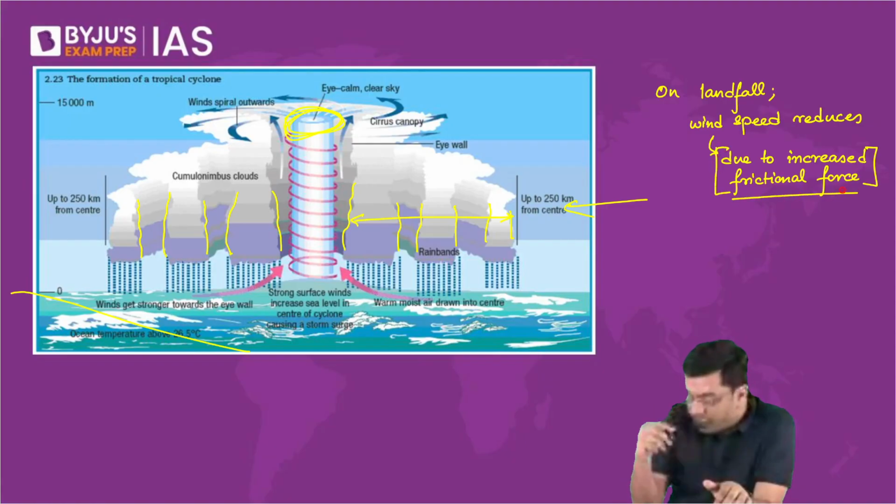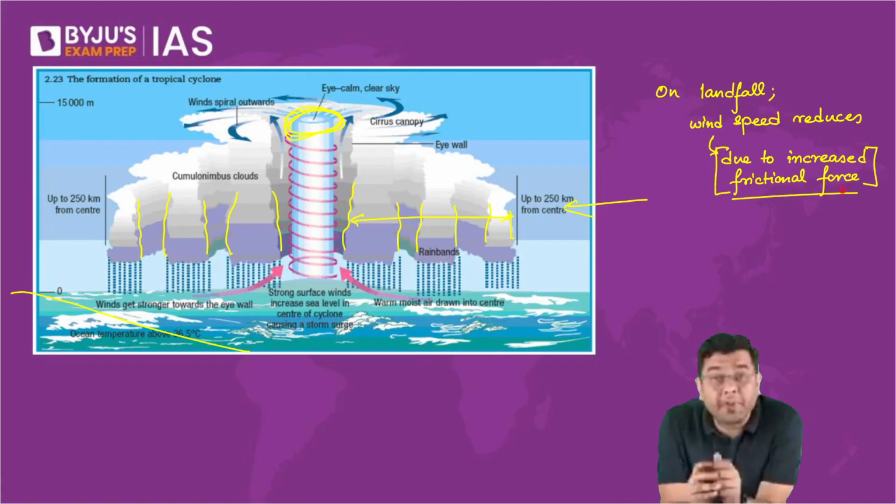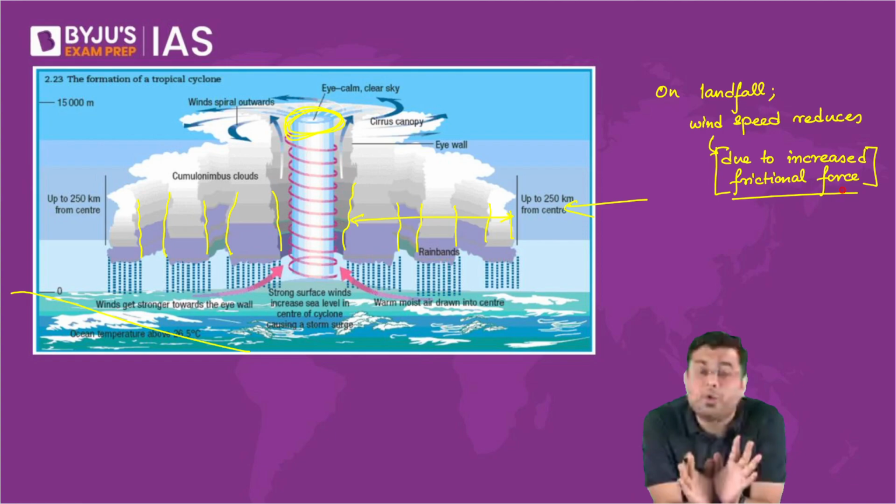Okay. So immediately the wind speed starts to reduce and reduces quite substantially for that matter. And also the supply of moisture is significantly reduced. So overall that low pressure starts to weaken.